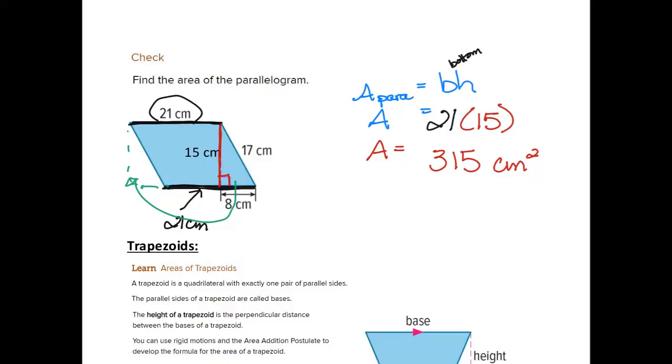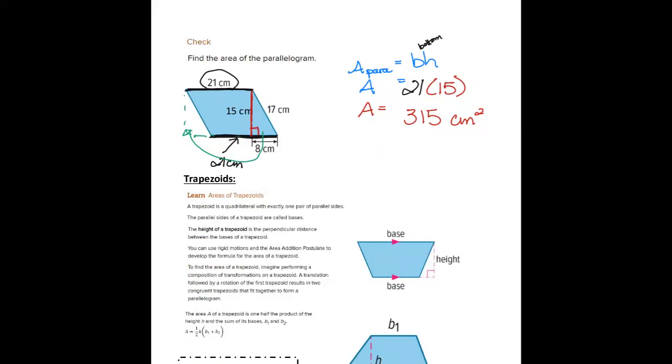Let's see. Probably because it looks like it's in degree mode.